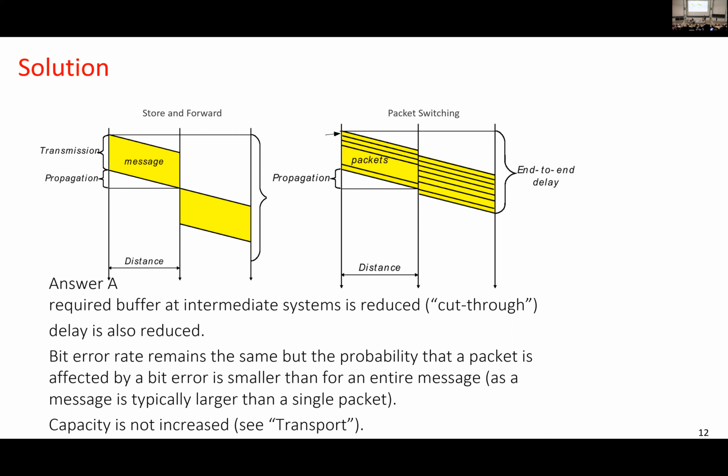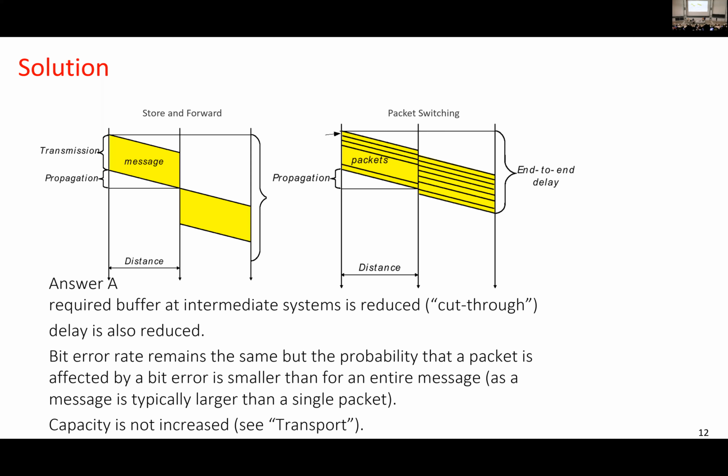If you compare to packet switching, you see that on the right, you do the same thing, but as soon as you've received one packet, you can transmit it. So where's the difference? Well, the end-to-end latency is much less in the second case, because in the first case, you need to receive everything entirely.